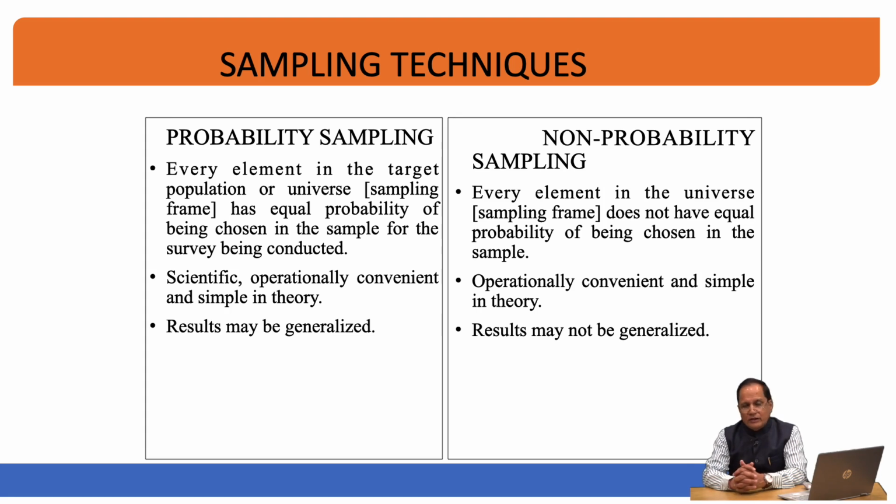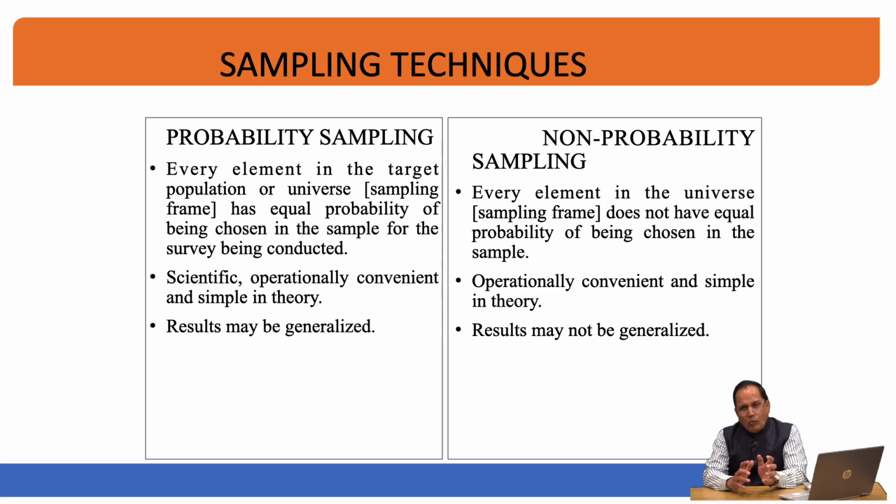And for the randomized, I told you that in the randomized kind of sampling, each and every subject or object of target population will get equal chance to become part of the sample, whereas in the non-randomized sampling, each and every subject and object will not get equal opportunity to become part of the research, or in other words, the researcher may be subjective in selection of the subject or object.